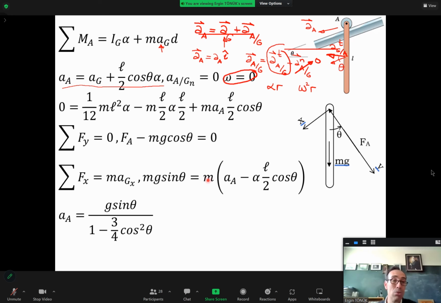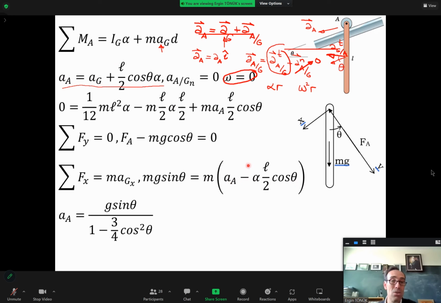But I won't substitute ag here. I will, from this expression, solve for ag, which is aa minus this, okay?